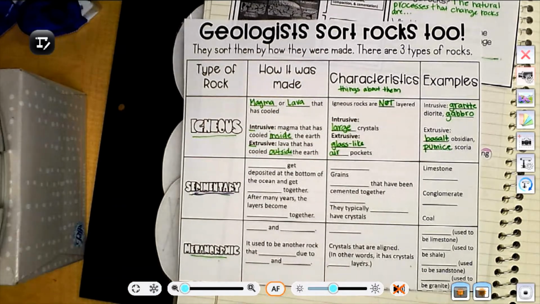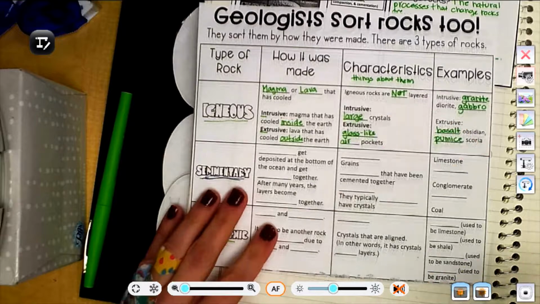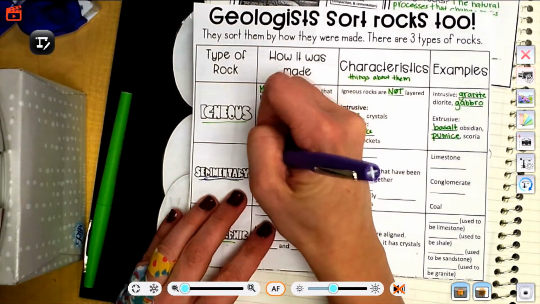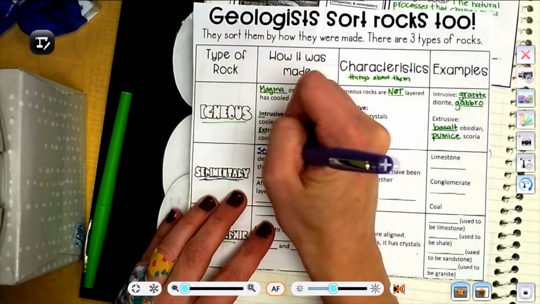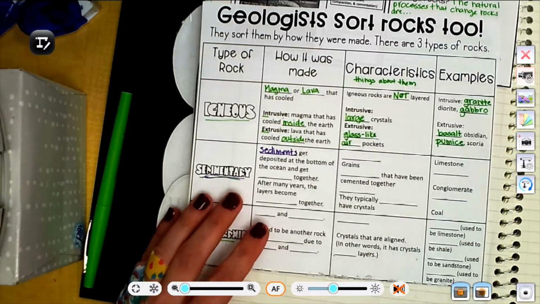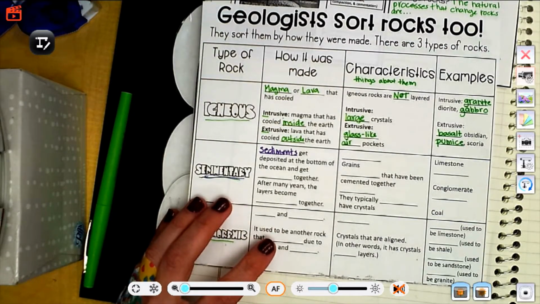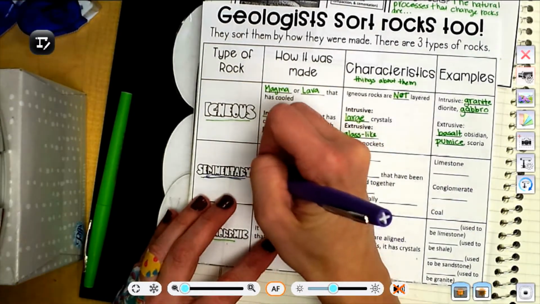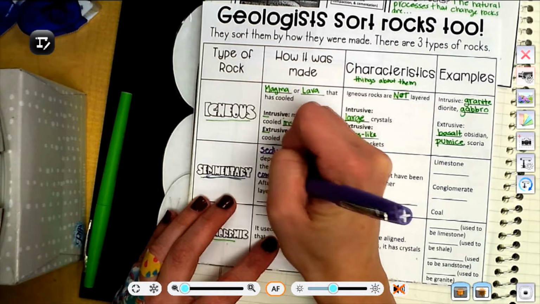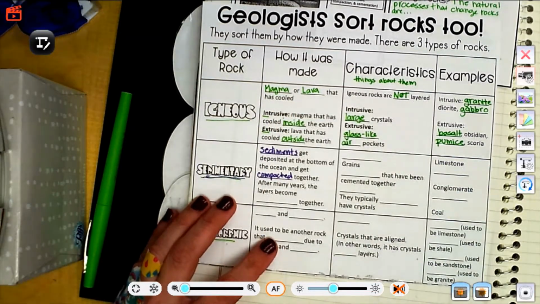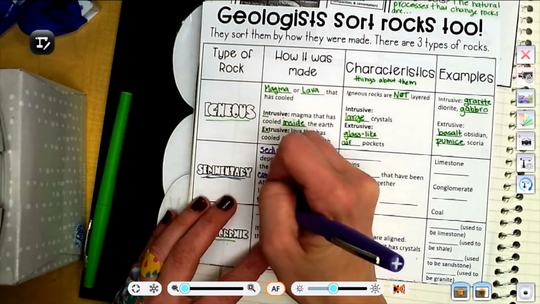So what are sedimentary rocks made of? Oh, right, sediments. It's right in the name. Sediments get deposited at the bottom of the ocean and get compacted, remember, squeezed together. After many years, the layers become cemented or glued together.